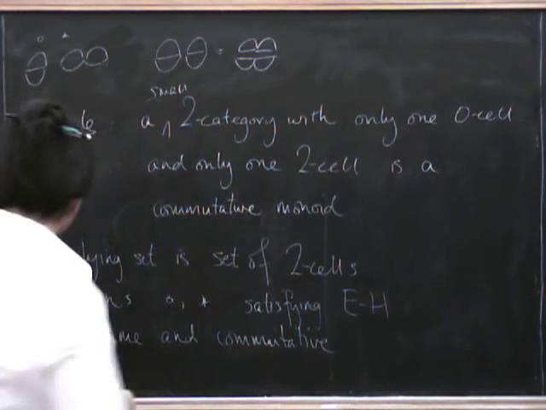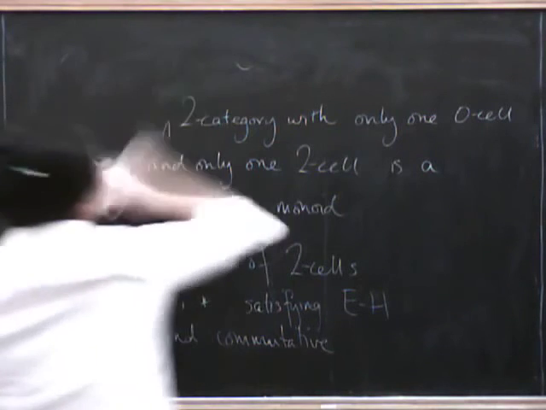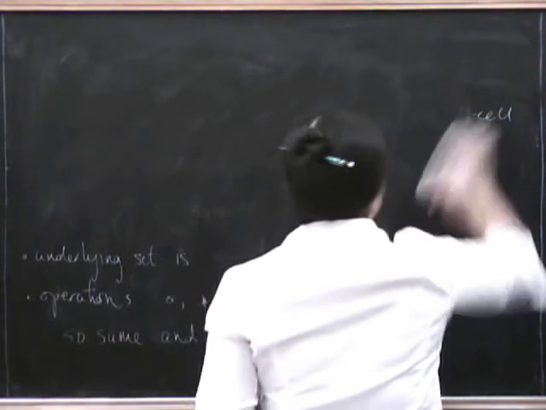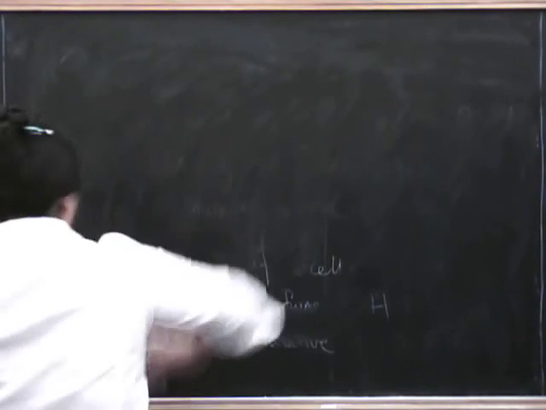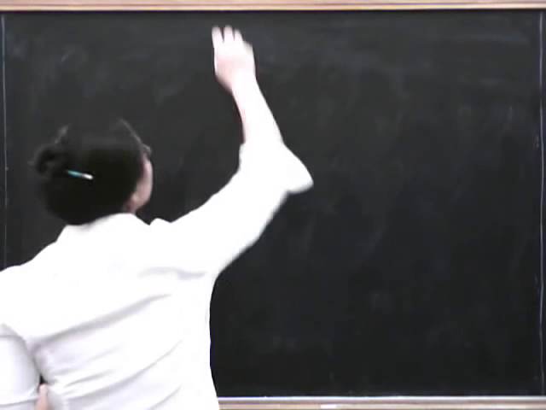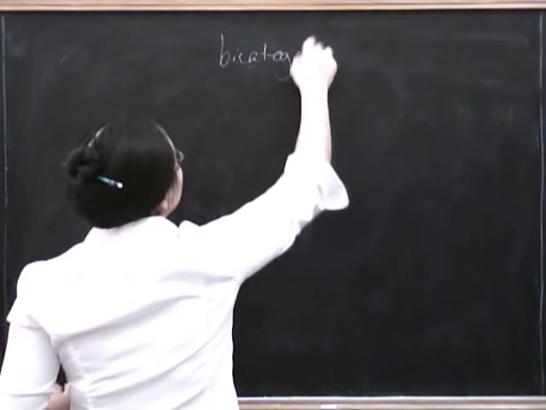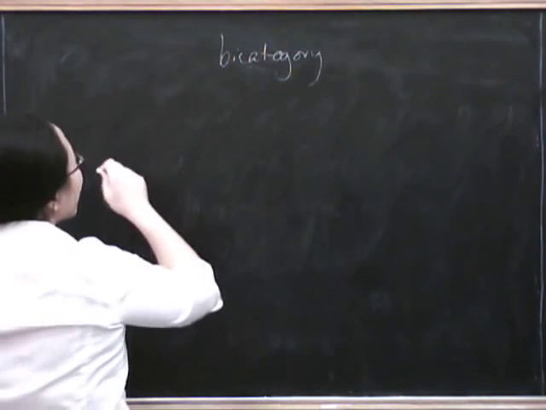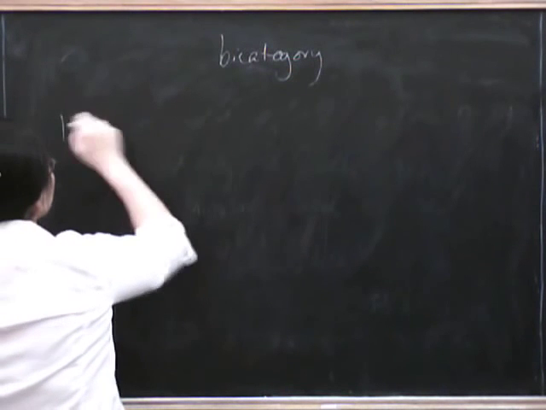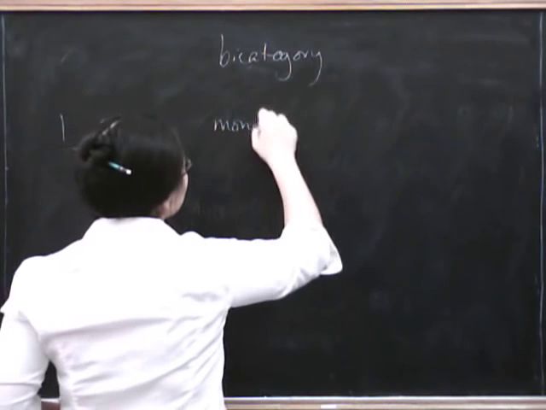And so what you have is the following slightly interesting situation, where if you start with a bi category, if you only have 1 0 cell, what you get is a monoidal category.